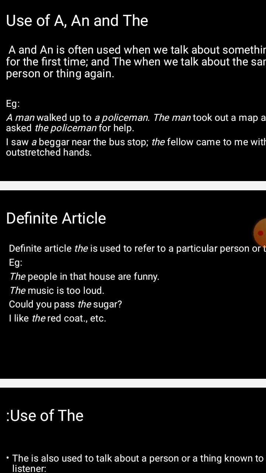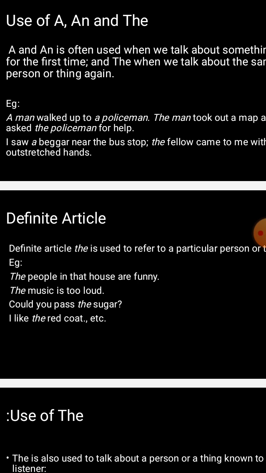The music is too loud. The music which you can hear, which you cannot tolerate. You are referring to a certain sound. You are sure which sound. That music which is very loud. And that is why you say the music is too loud. Could you pass the sugar?